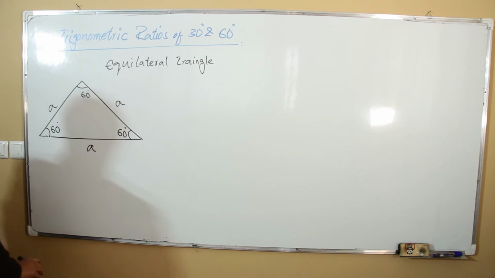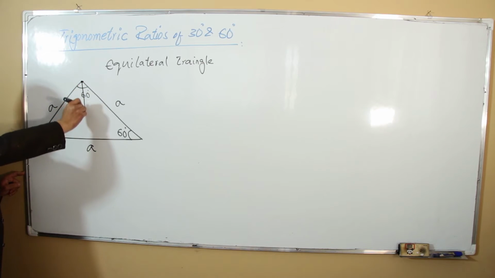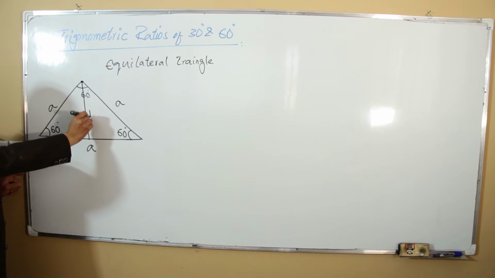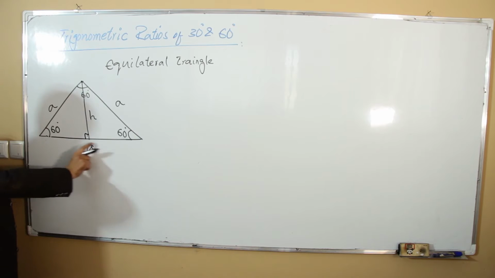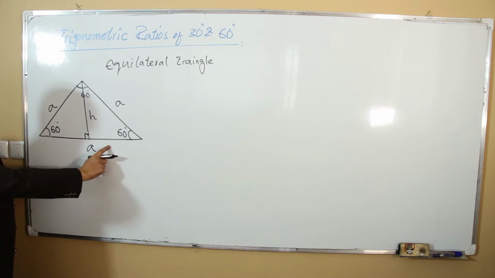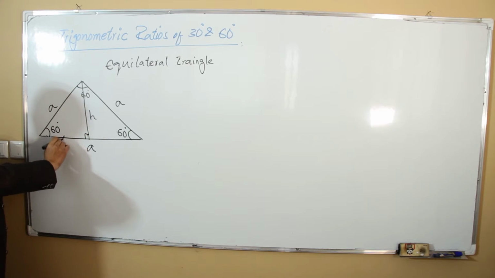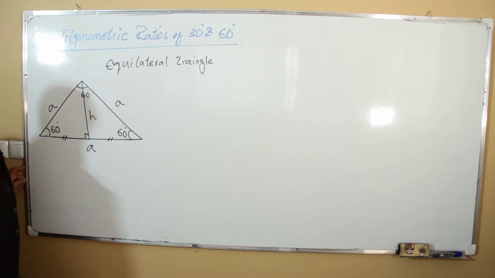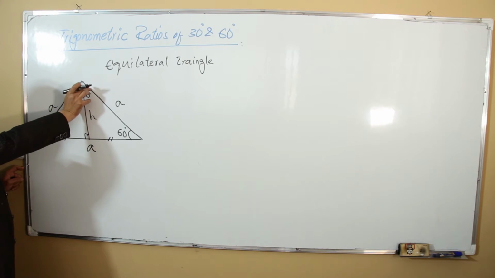For this, I will draw a perpendicular line on this side, which is called H, and this one is perpendicular to the A side. Now, in an equilateral triangle, this perpendicular line divides this side into half and half, and also divides this angle into two halves.